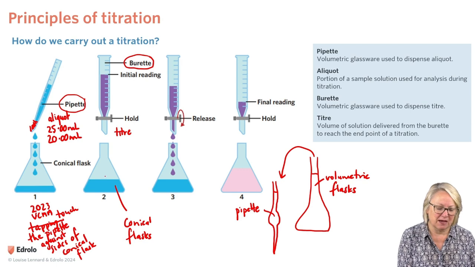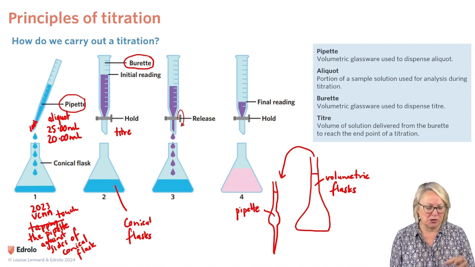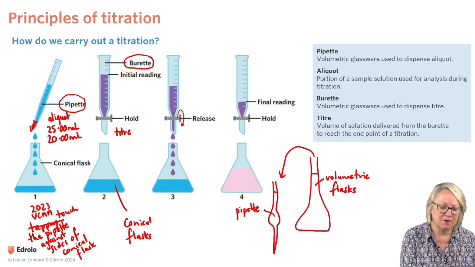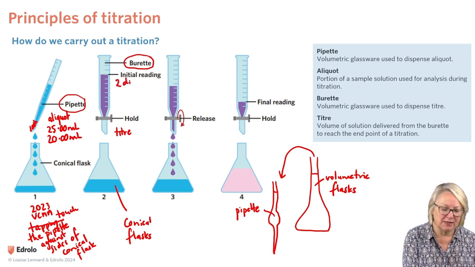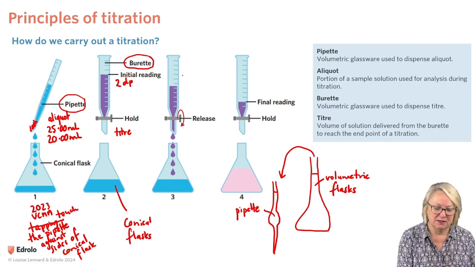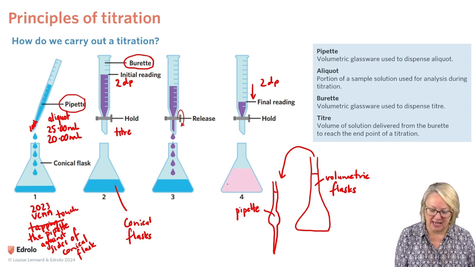And the reaction takes place in the conical flask, which is swirled to mix the contents. An initial reading is taken to 2 decimal places, and then the tap is opened and a final reading is taken to 2 decimal places, where the first permanent colour change is observed, and that is the end point.